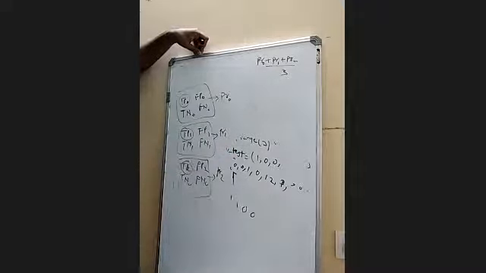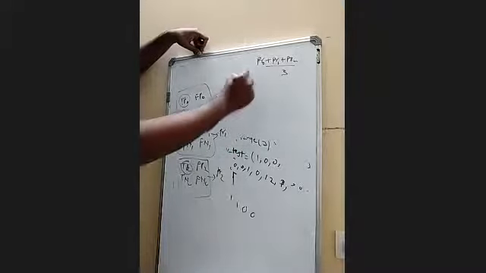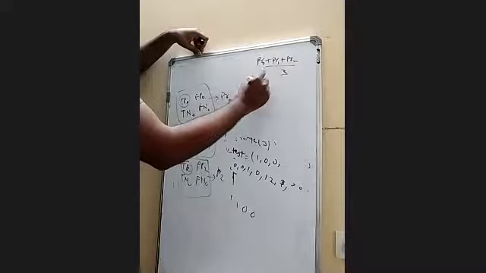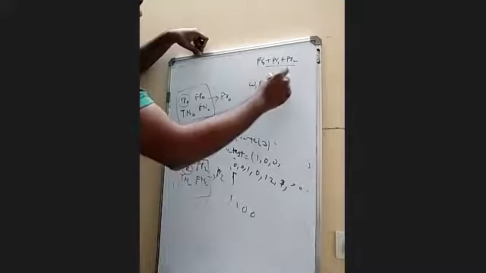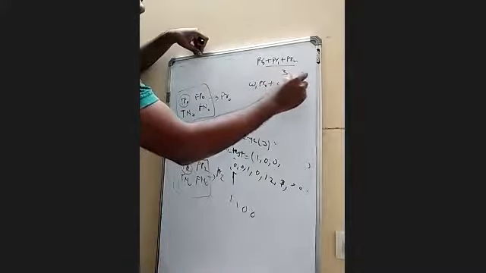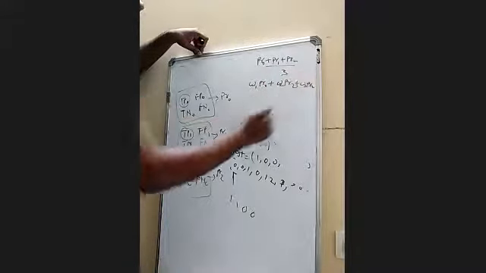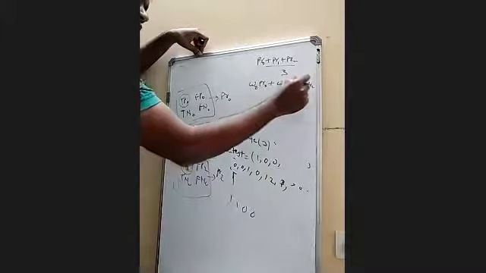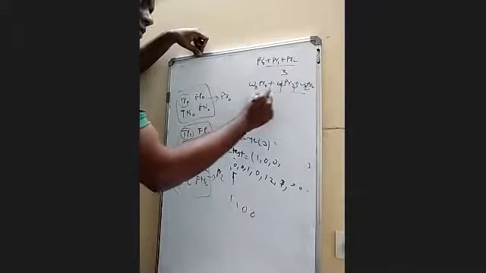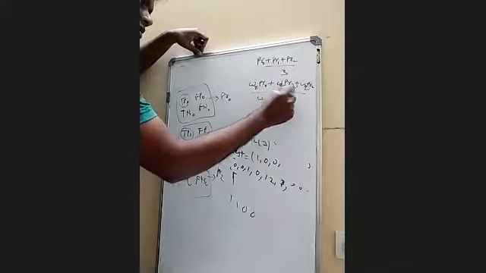But for the weighted precision, we do a weighted average: W0 times PR0 plus W1 times PR1 plus W2 times PR2, divided by W0 plus W1 plus W2.